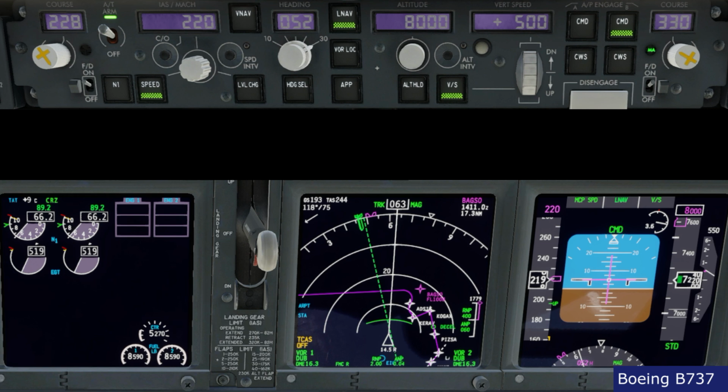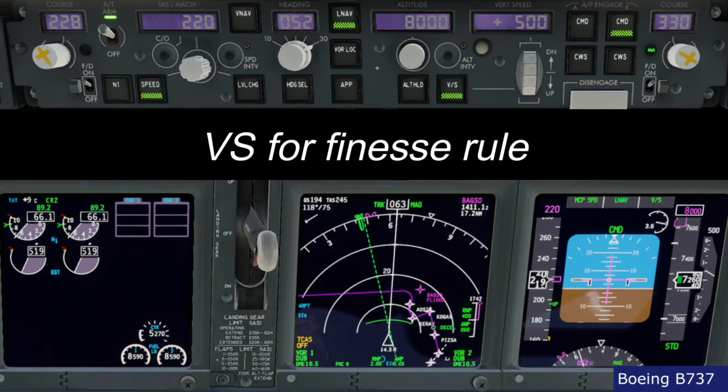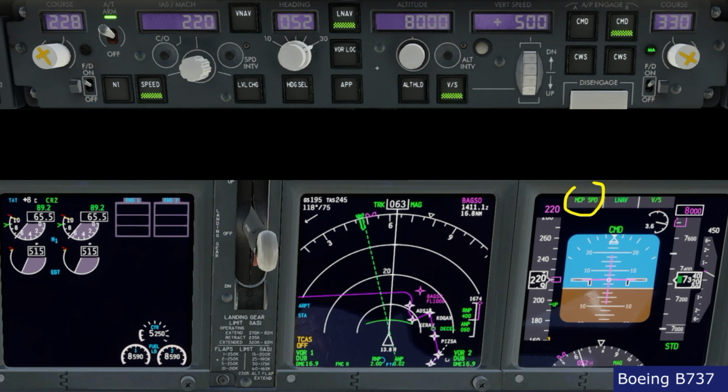Now the vertical speed is normally used, we say VS for finesse. Why this? It is because the vertical speed leaves as an output the speed in control to the automatic control of thrust, so to the auto throttle. This means that the autopilot uses the auto throttle as an output, meaning that it will not take into consideration the fact that the auto throttle can or cannot maintain the speed.